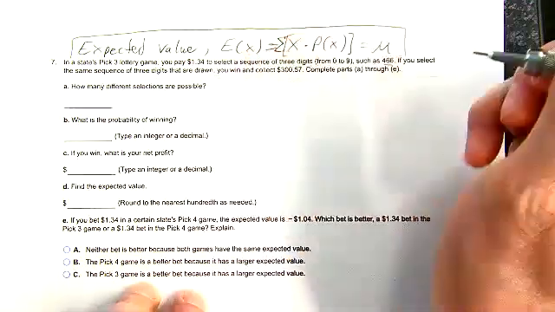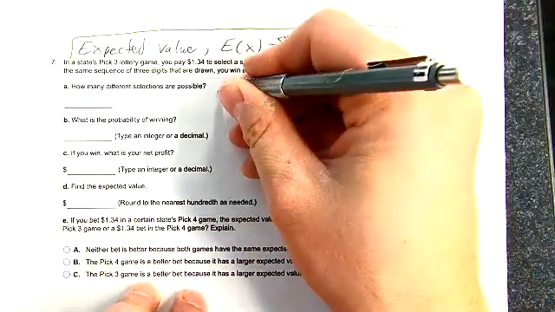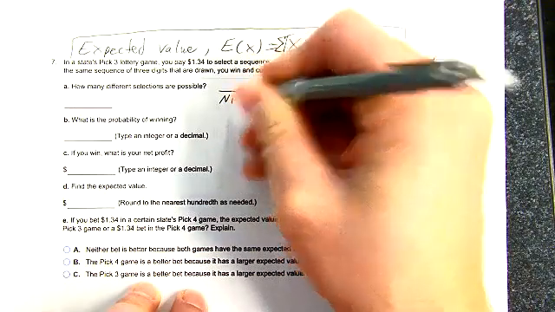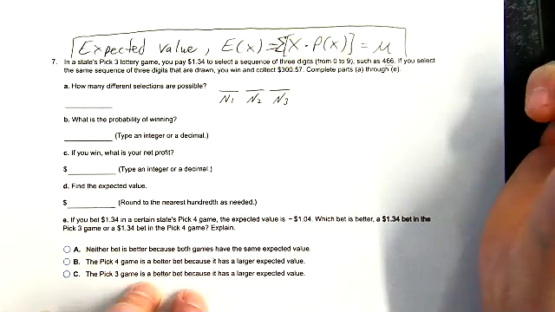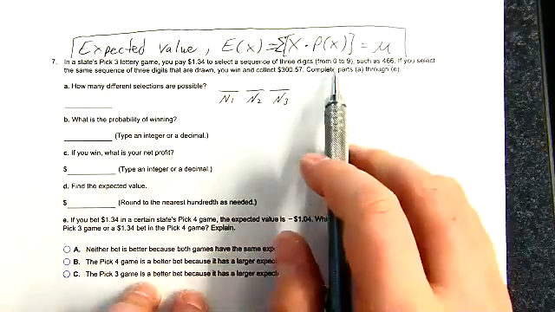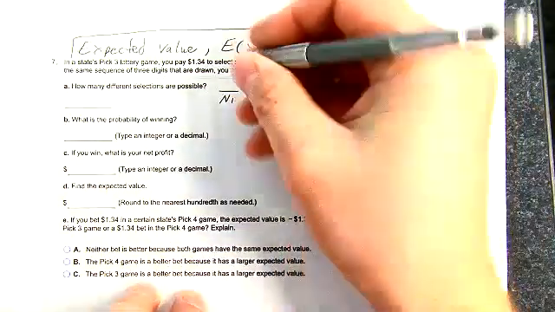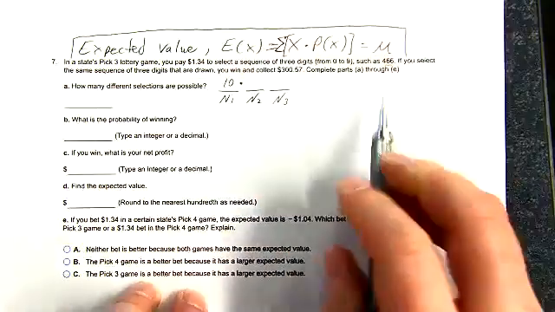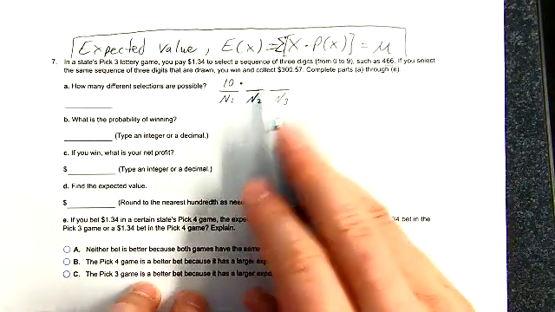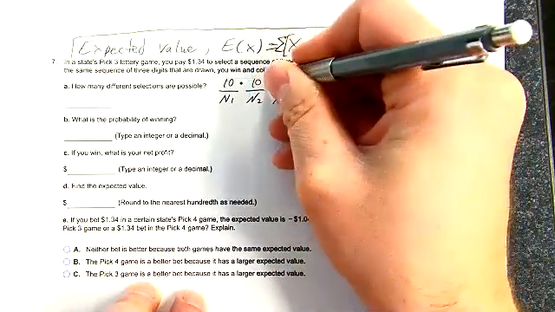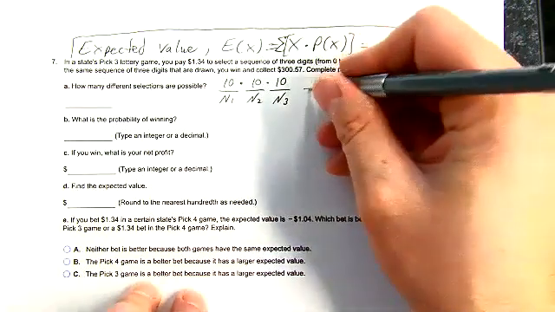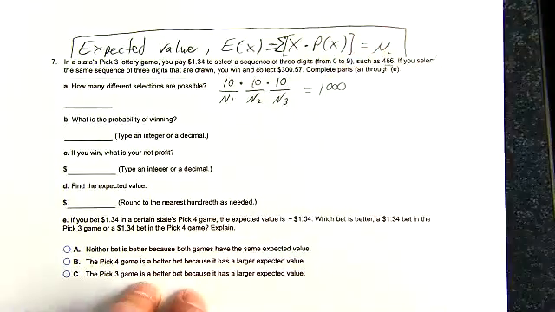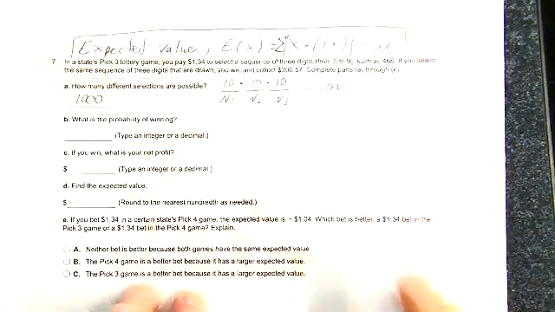Basically the way we solved these problems back in chapter 4 was we said, okay, I have a selection for my first number, a selection for my second number, a selection for my third number. And we said, okay, I've got the digits 0 through 9. That's 10 choices times, because they allow repetition, for my second digit, I also have 10 choices. And for my third digit, I also have 10 choices. And if you multiply those 3 tens together, you get 1,000. So there are 1,000 different possibilities for this lottery.